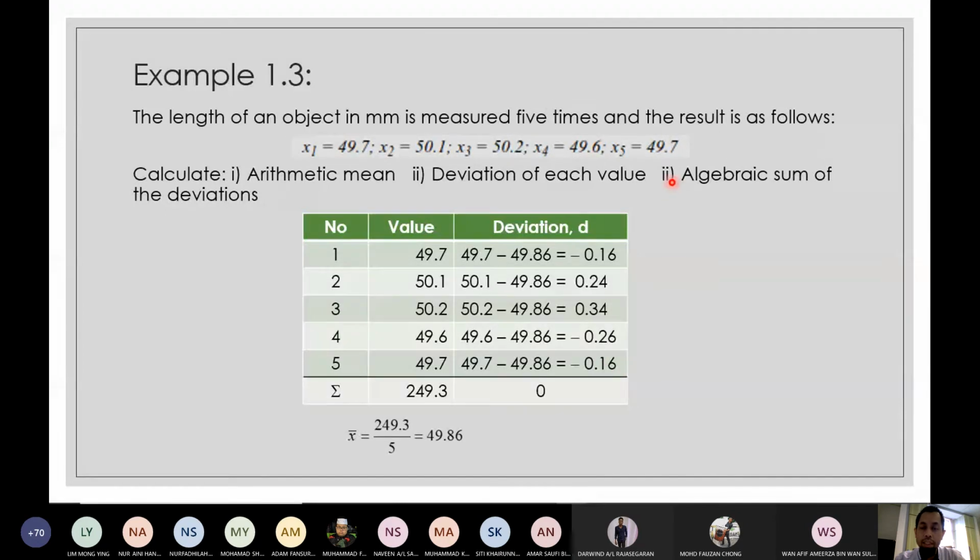And the third one, the algebraic sum of the deviation, that means we sum all these deviations together. So when we sum them, negative plus positive plus positive plus negative, the total should be 0. So this is how you solve using arithmetic mean and deviation of each value.